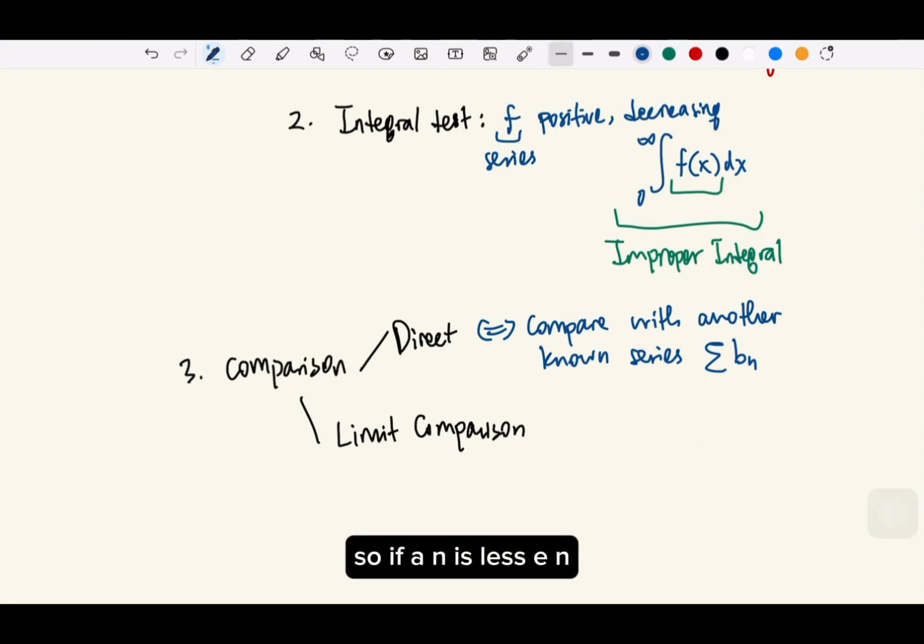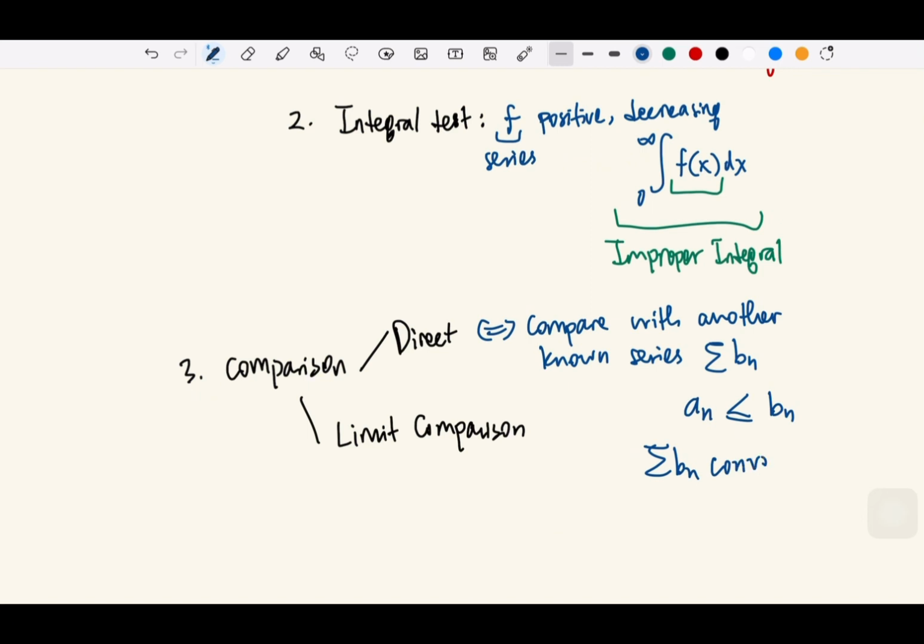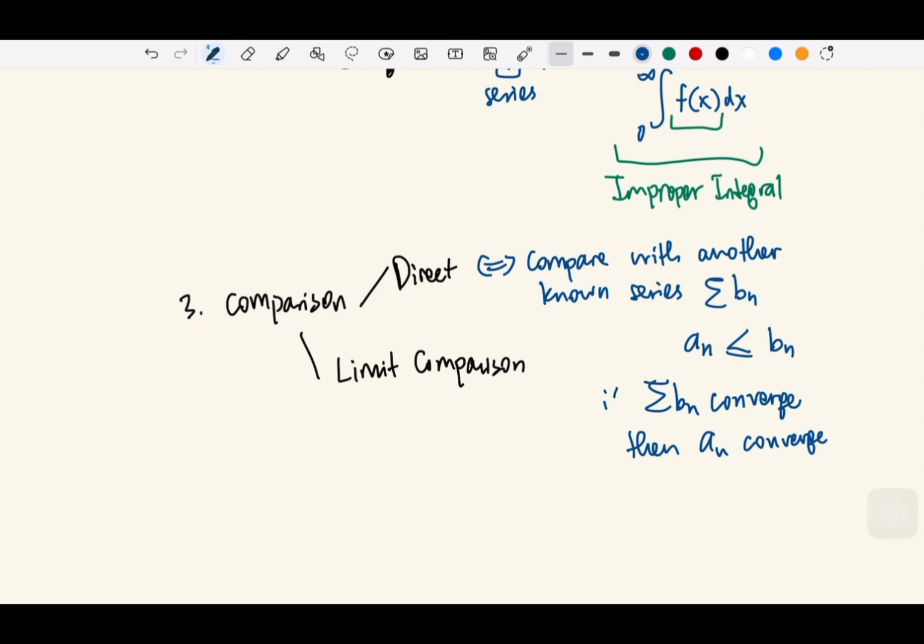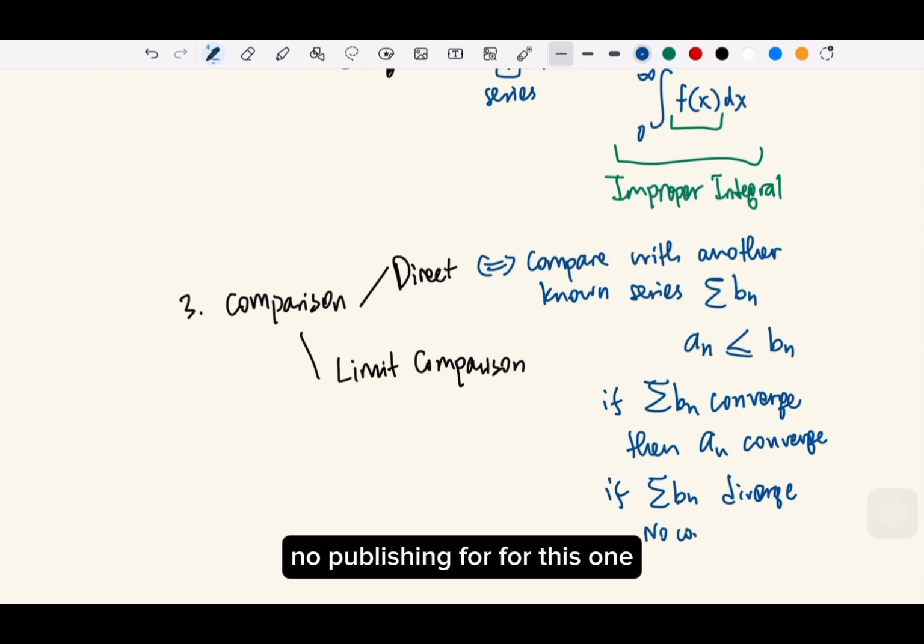So if An is less than Bn and Bn converge, then An converge. If Bn diverge, no conclusion for this one.